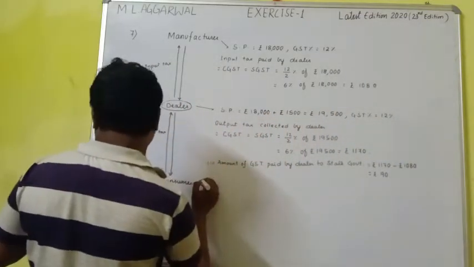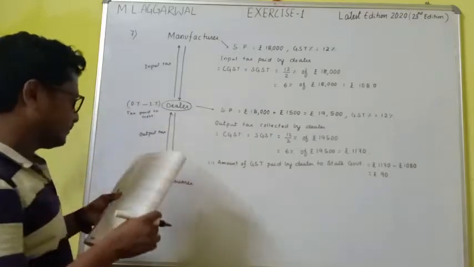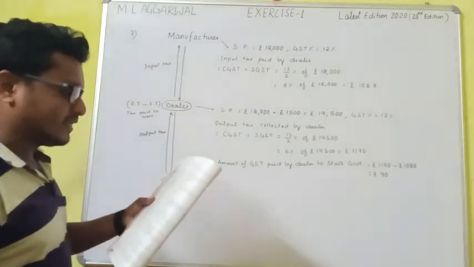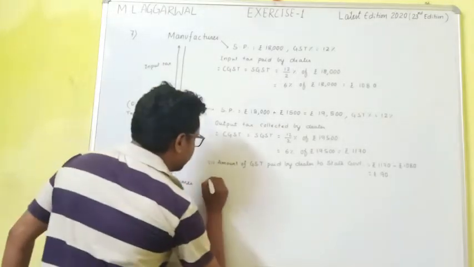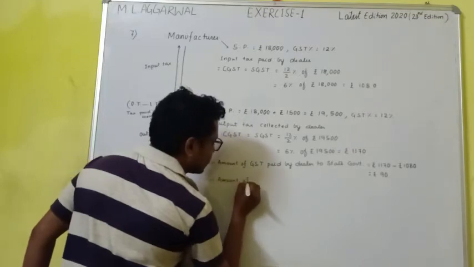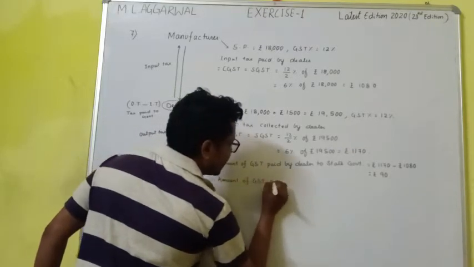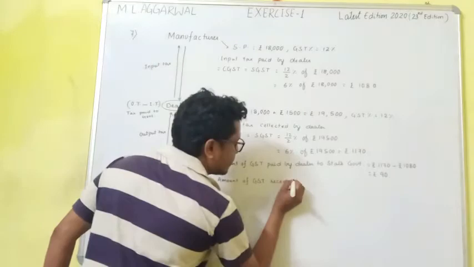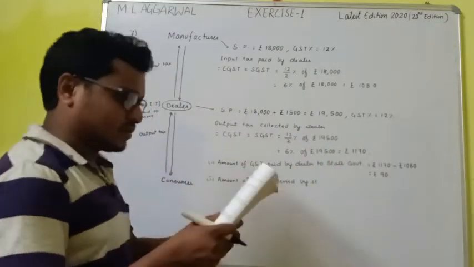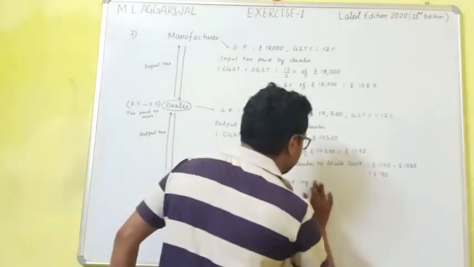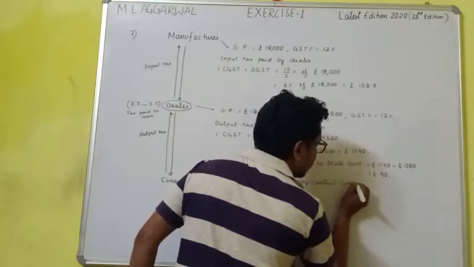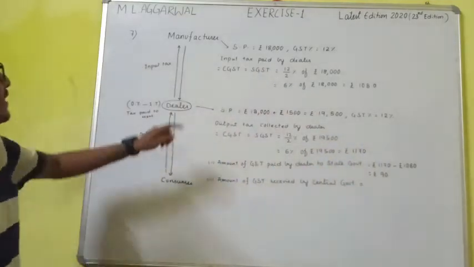Similarly, amount of GST received by the central government. So part number 2, amount of GST received by state government or central government is equal to first the GST paid by the manufacturer.